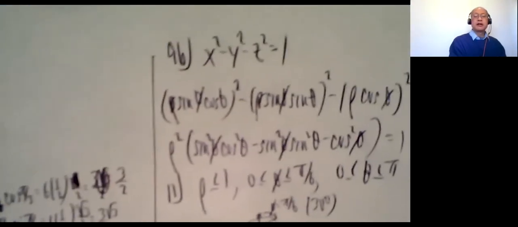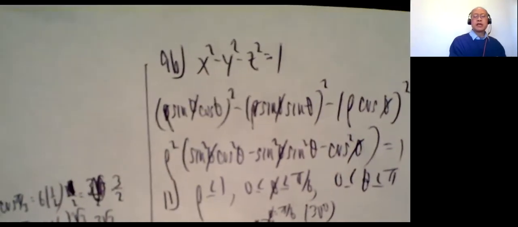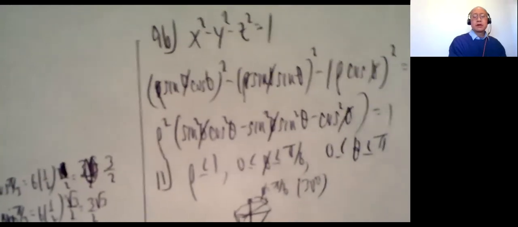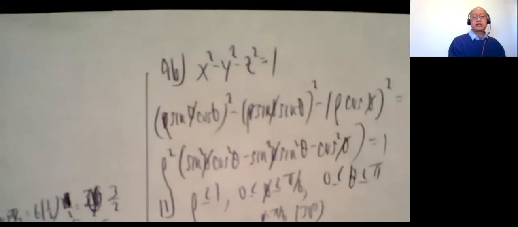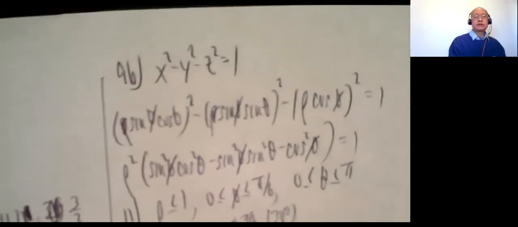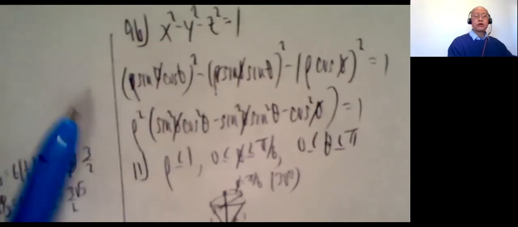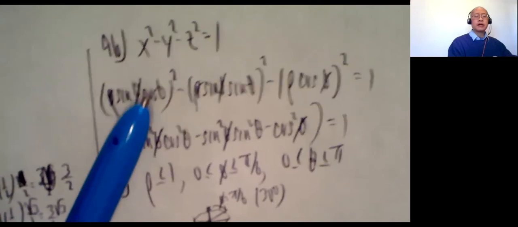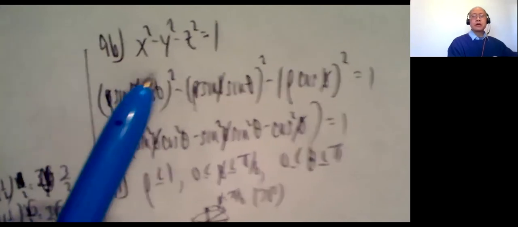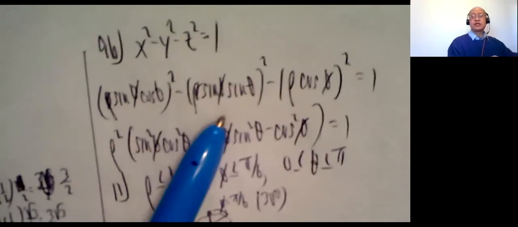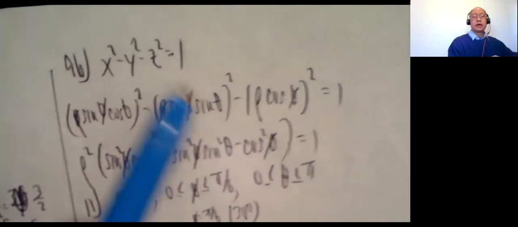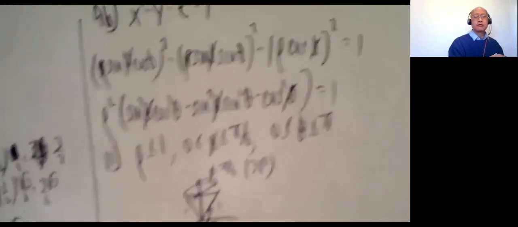9b, change to spherical coordinates. All you do is throw it into the formulas. x squared minus y squared minus z squared equals 1, which I believe is called a hyperboloid of 2 sheets, but you don't have to know that. All you do is change x to its formula, (rho sine phi cosine theta) squared, minus y squared, (rho sine phi sine theta) squared, and then z is (rho cosine phi) squared.